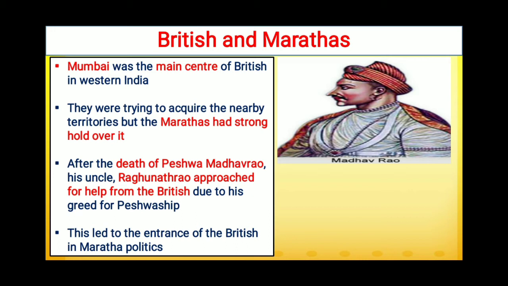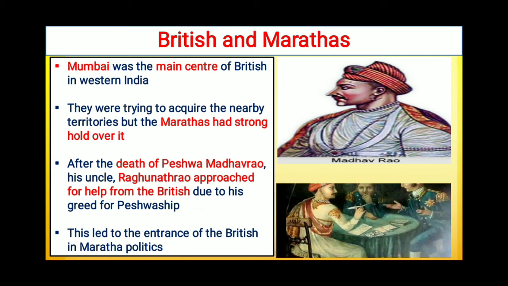And this was the turning point, or we can say this was the thing in the hands of Britishers to spread their rule over India. And this help led to the entrance of the British in Maratha politics. Try to understand this.